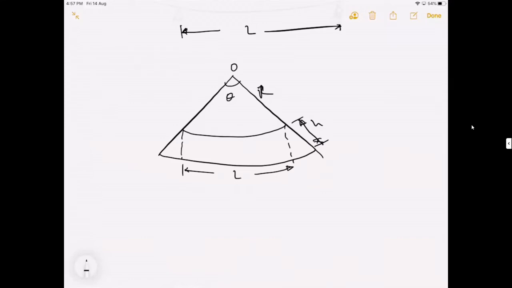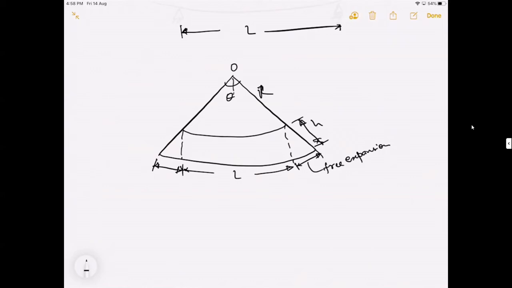So from the geometry, and these are free expansion. This is free expansion. This happened because of what? Because of rise in temperature.